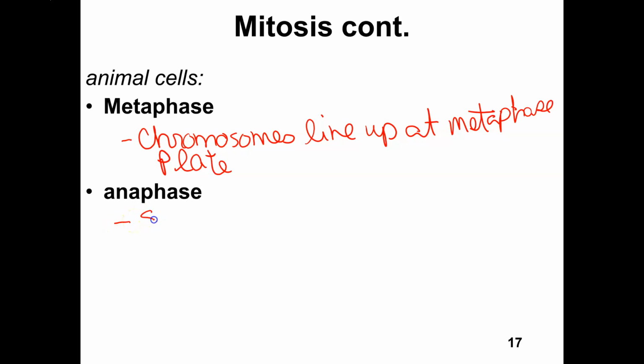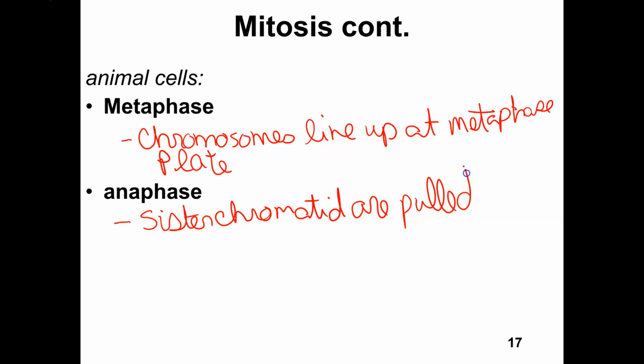So sister chromatids of each chromosome are pulled apart. And they're pulled to the opposite poles.